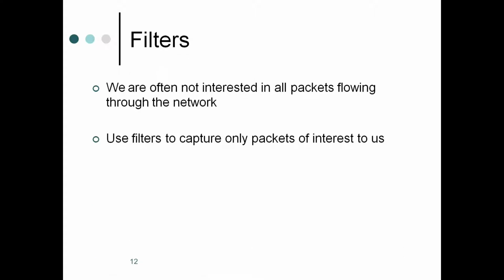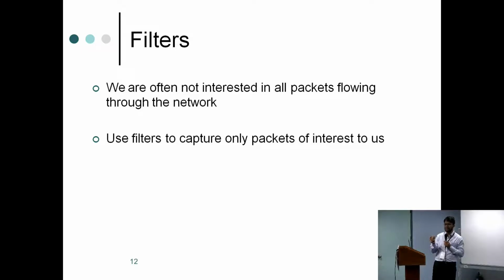We'll look at how we can use Tcpdump to capture different types of packets. Filters are one of the critical parts of packet capturing. The idea is that we are often not interested in all the packets. We want to capture specific types of packets, for example for a specific protocol, or for a specific sender or a specific receiver.